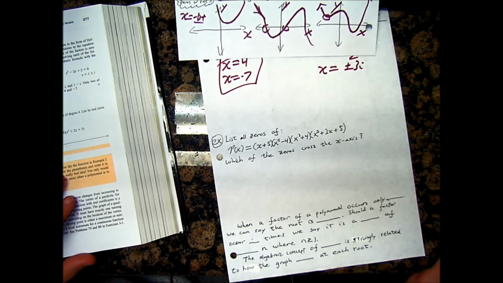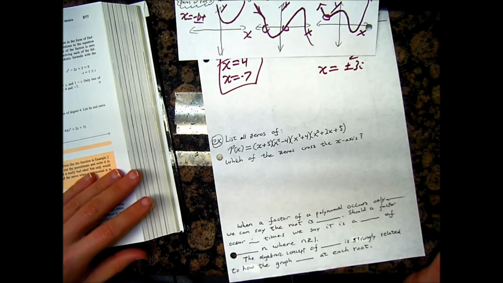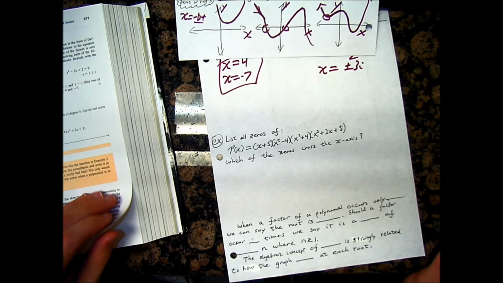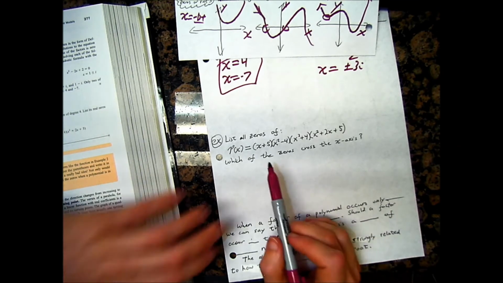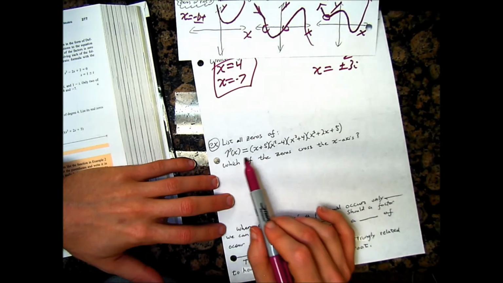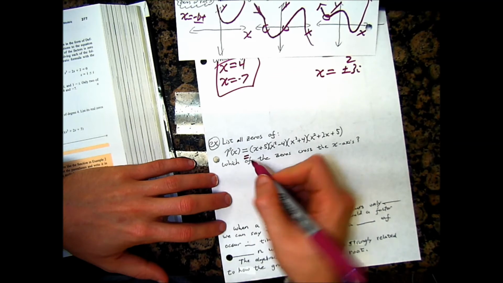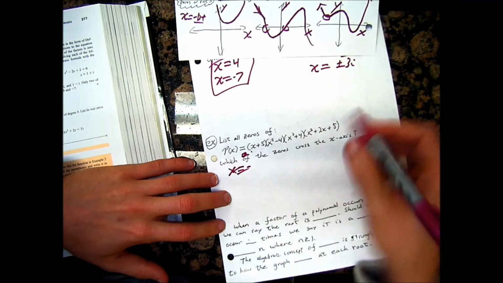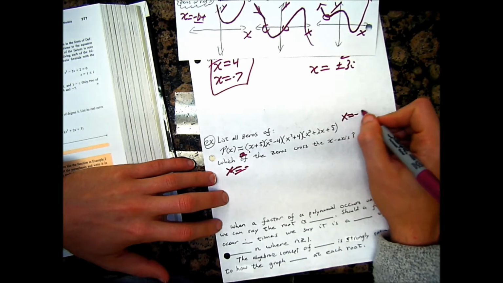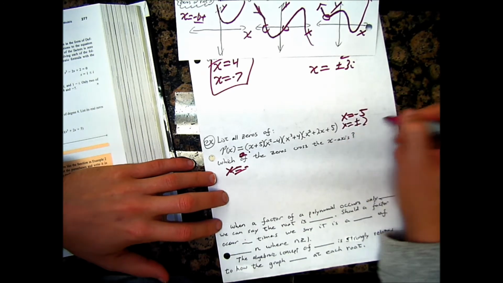So we have an example. Let's list all the roots of this polynomial right here. And it's already very well factored for us. So we have x equals -5, x equals plus or minus 2.